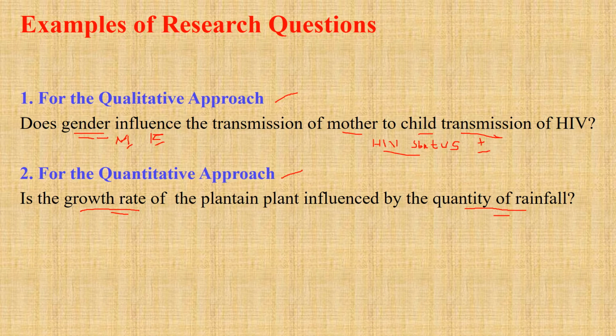We can measure the growth rate of plantains by measuring the height of the stem of the plant as it grows with time, and we can also measure the quantity of rainfall. So these are both quantitative parameters. And as we said in one of our tips, if both parameters are quantitative, then we will have to use the quantitative approach.